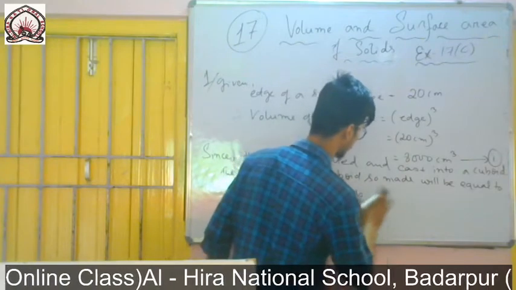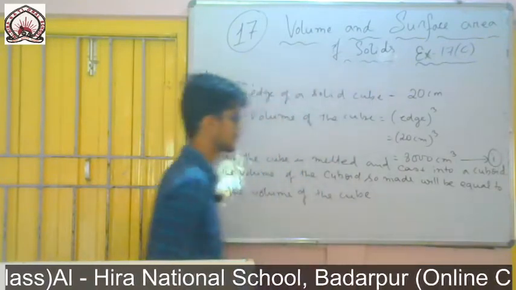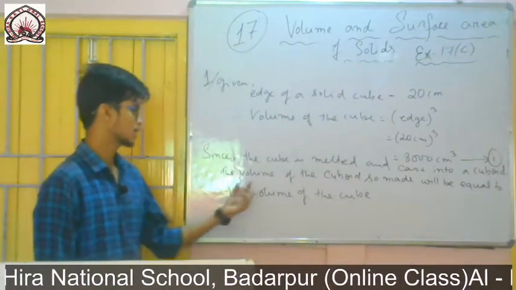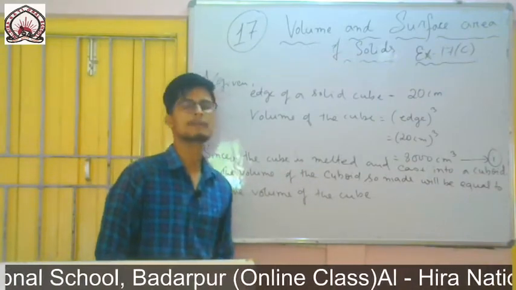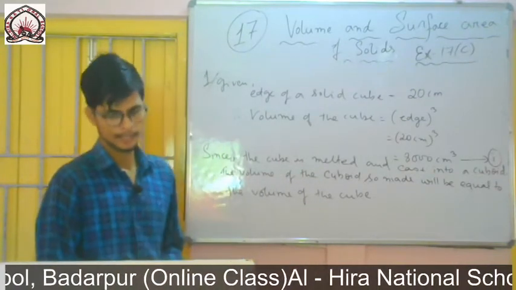Therefore the volume of the cuboid so made will be equal to the volume of the cube. The volume of the cuboid will be equal to the volume of the cube.